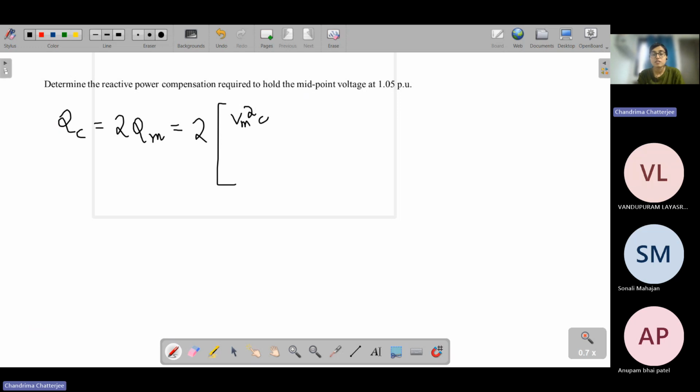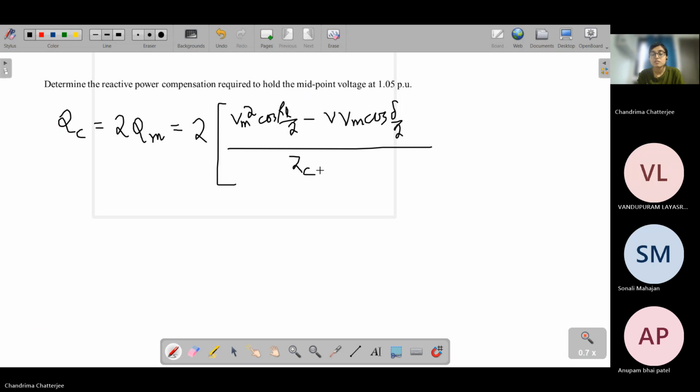Vm square cos beta L by 2 minus Vm V cos delta by 2, by Zc sin beta L by 2.